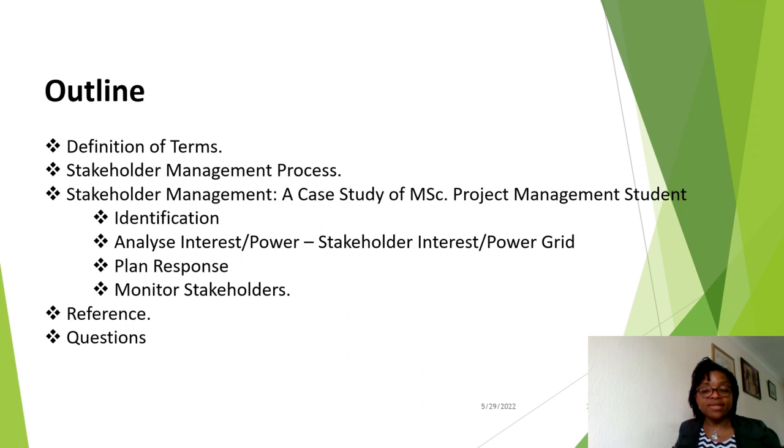We'll also look at the plan process and how the stakeholders can be monitored, and also some references for your studies. At the end of it, if there are any questions, then you will have the opportunity to ask.